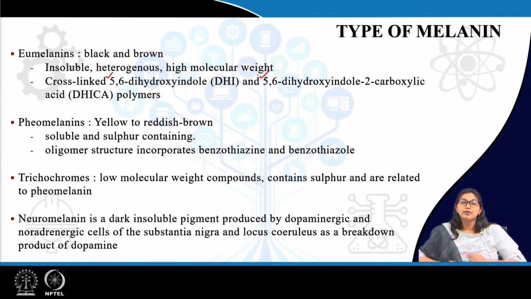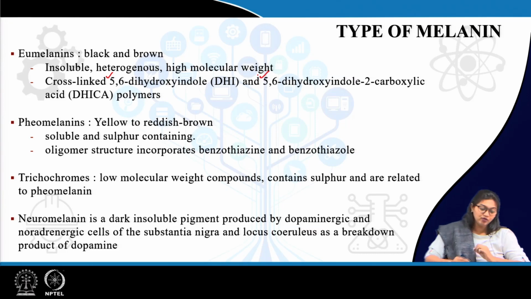Coming to pheomelanin, the color is mostly yellowish to reddish brown. Remember, eumelanin is insoluble, whereas pheomelanin is soluble and contains sulfur because there are cysteine residues. Here the oligomers have benzothiazine or benzothiazole.